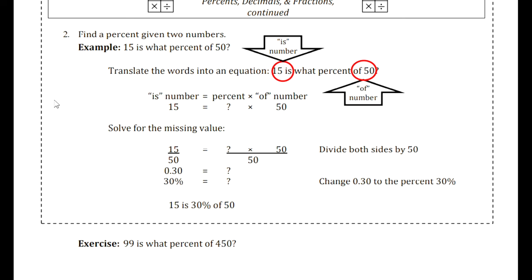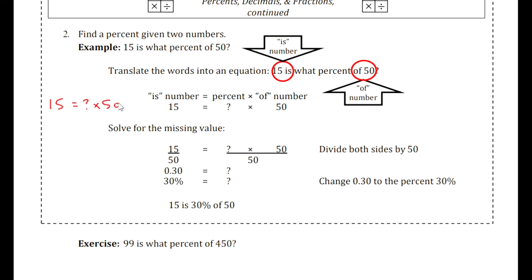The is number is 15. So we say is number equals percent. Now it's the percent that's unknown. In this example, it says what percent. So we'll use our question mark or our variable x to stand for the unknown number times the of number.